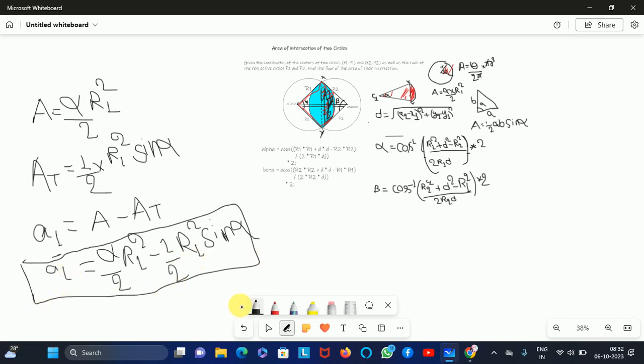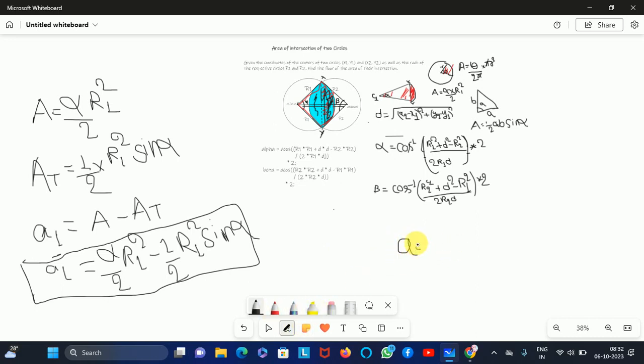So similarly, till now we have found the area of this sector. If we want to find the area of this left sector, we can find it using the same method. I will write the formula directly.